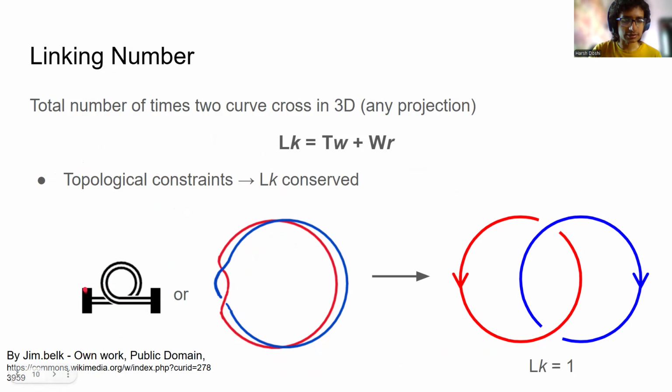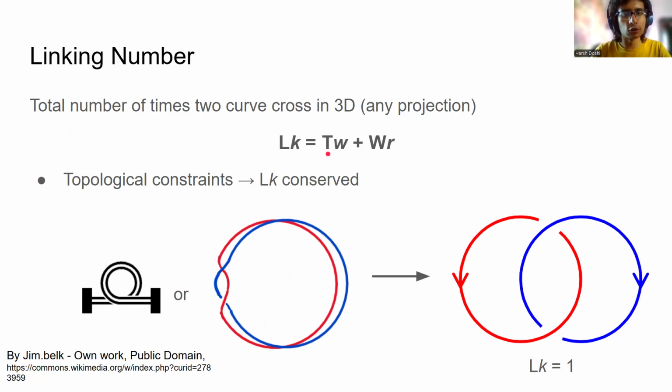In such topological constraints, that is when the two ends of the curves are fixed such that they cannot rotate, or when they are closed, when the ends of the two curves are closed in a loop like this, then the linking number of the two curves is always conserved. It cannot change. The linking number is essentially the total number of times that the two curves cross in 3D space.